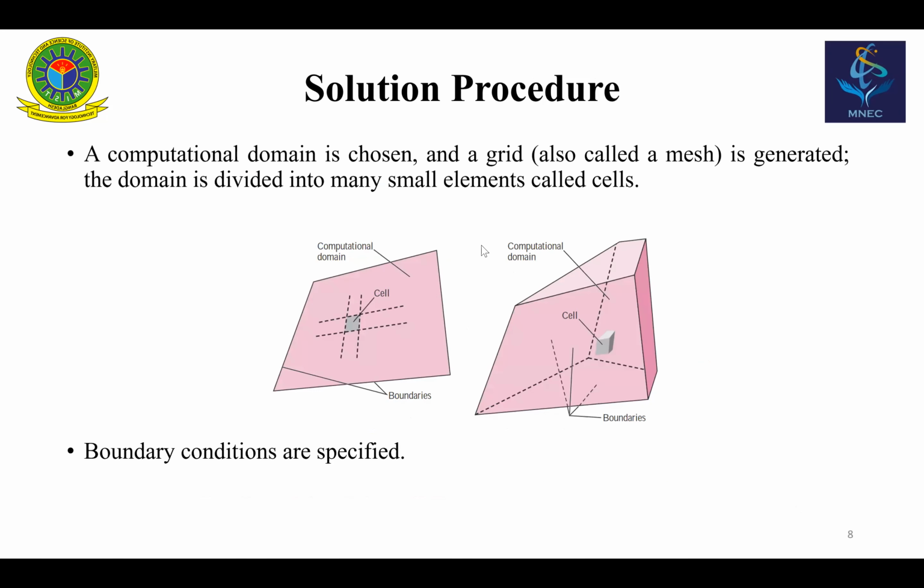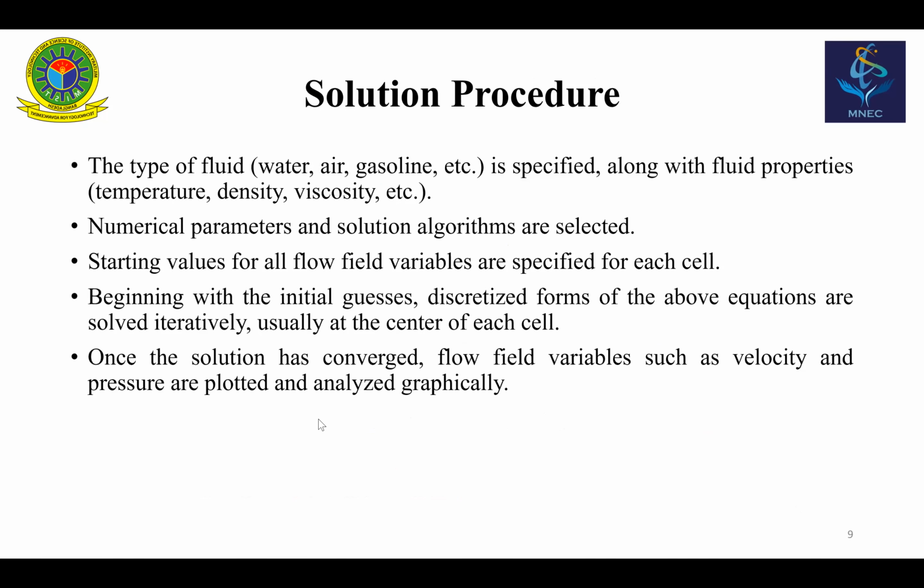So at first we have to segregate the whole computational domain into smaller parts, and then we have to apply some boundary conditions. Then the type of fluid that we are passing through the computational fluid domain can be water, air, or gasoline, whatever we take. In case of reactors, we take water, boron concentrated water.